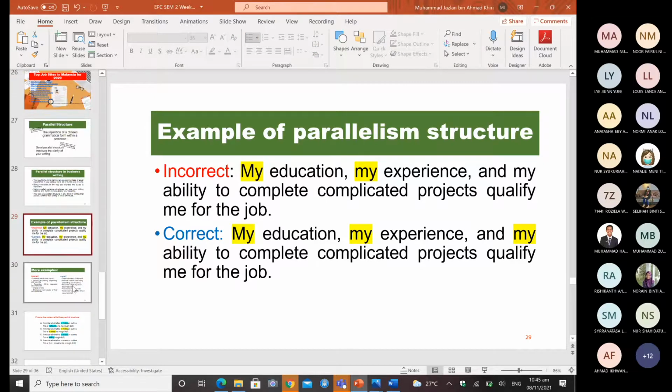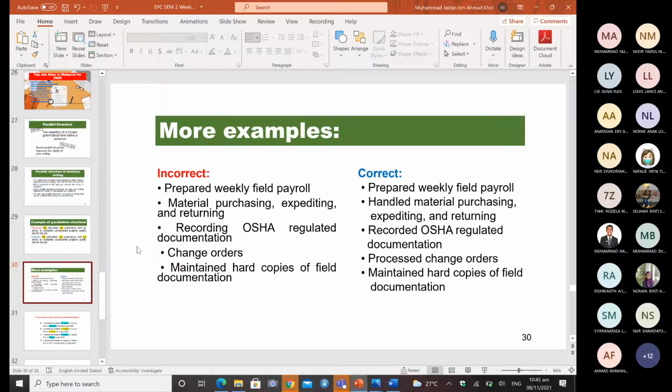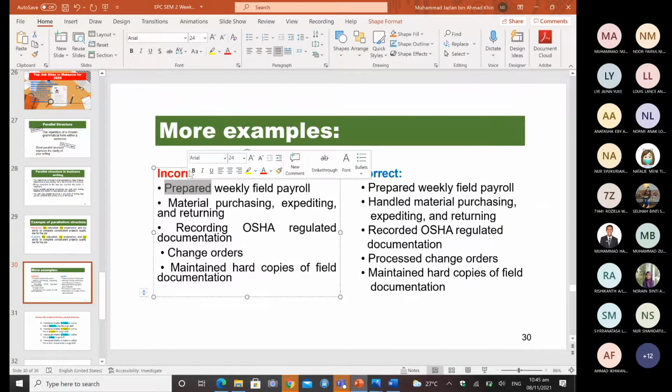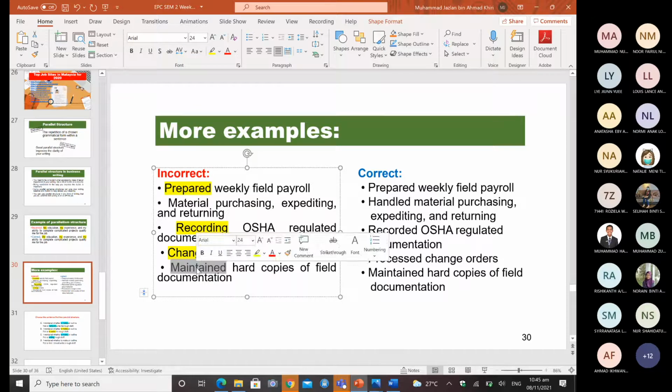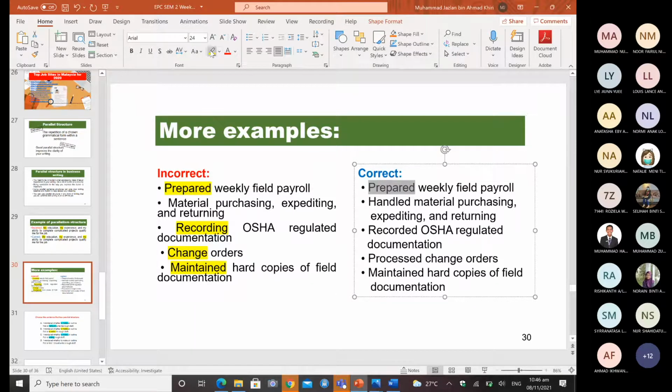All right. You see here, there is the verb "prepared," but the second one is missing. And then the third one becomes "recording." And then the next one is "change." But the last one is correct. When you see the corrected version, the past tense "prepared" is still the same.